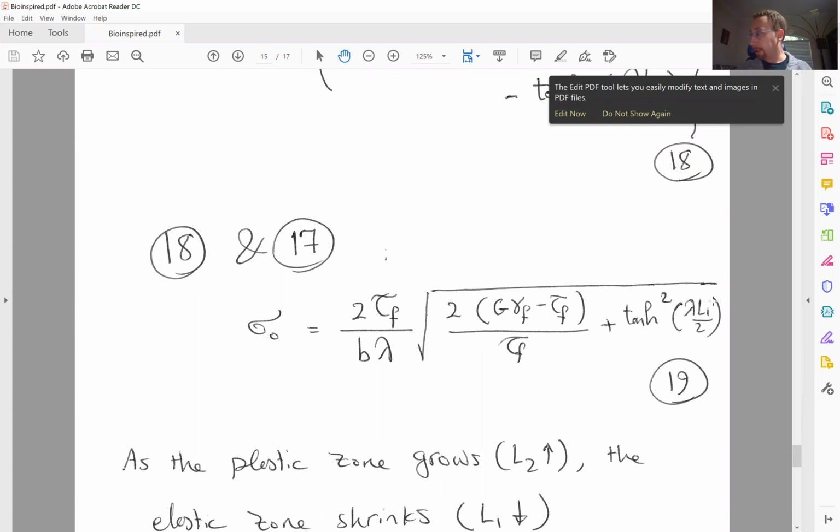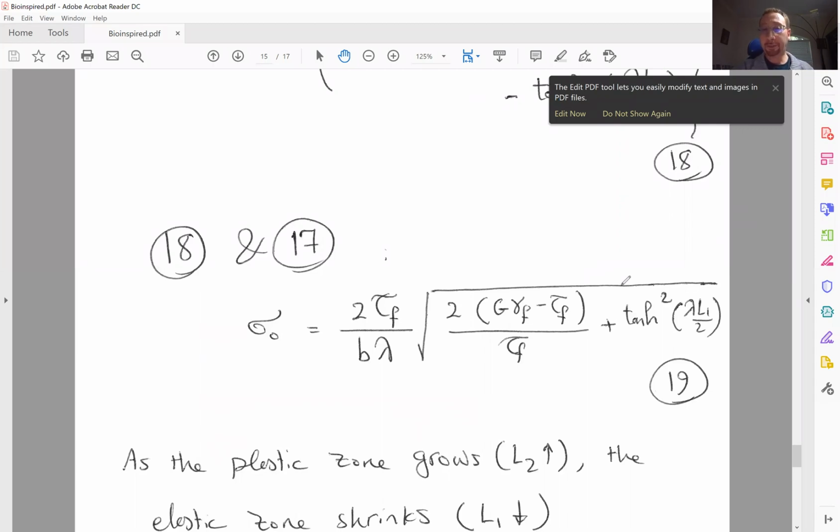So basically, you input the magnitude of sigma 0, and it tells you how much of the region is remaining elastic.